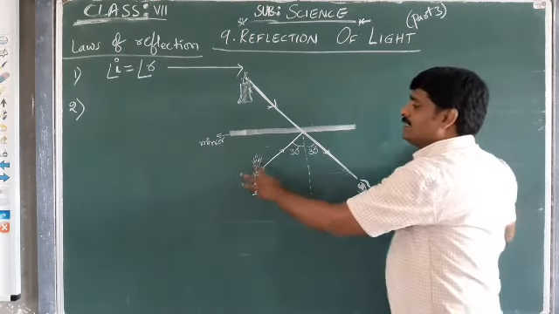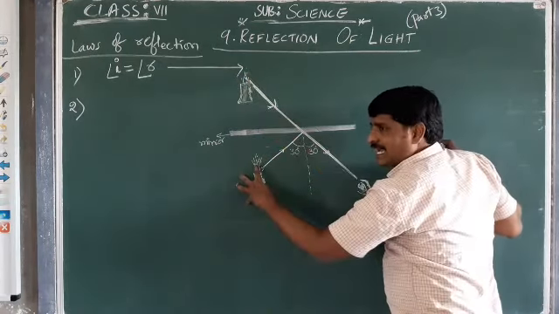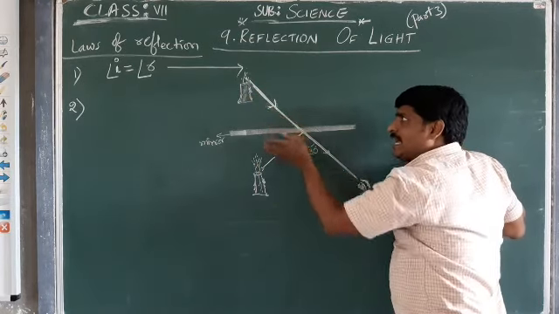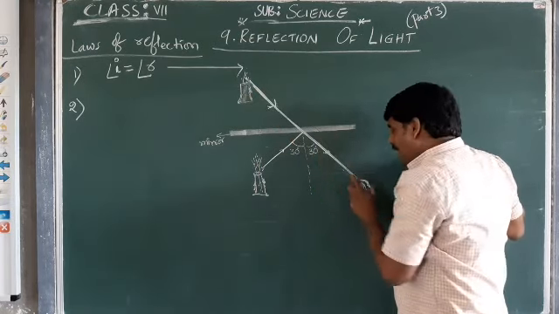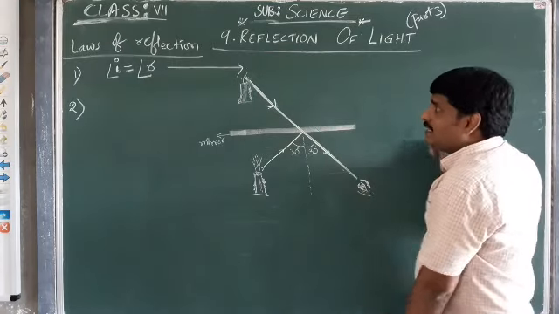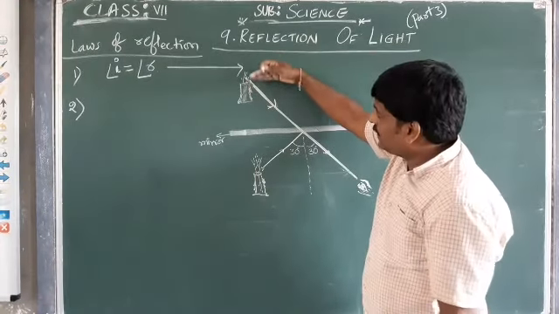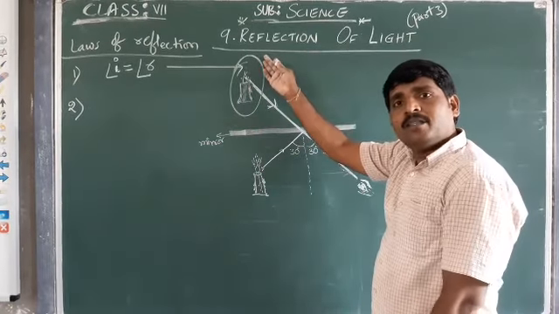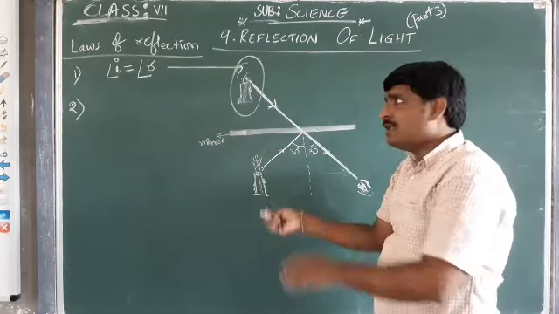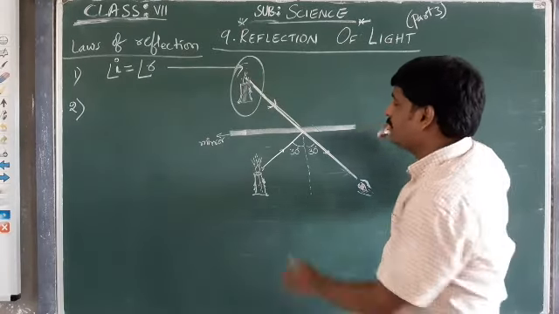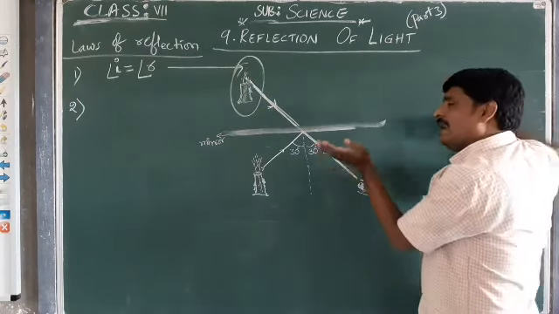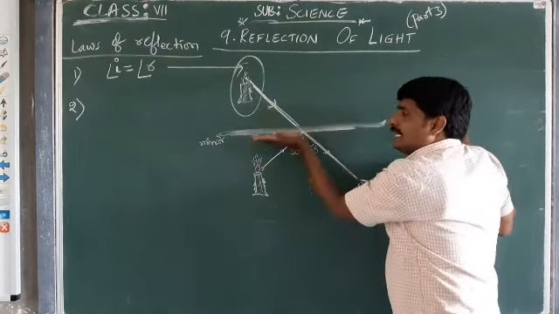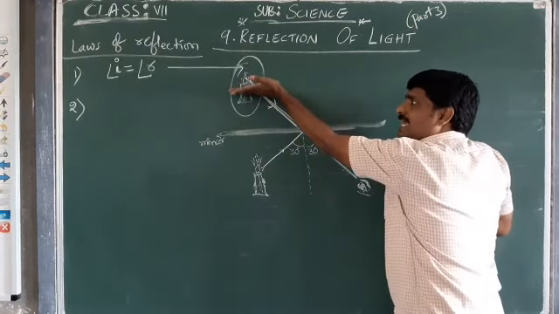Actually this is the image of the candle, but whenever we observe this candle in the mirror, our eye or our brain senses that some candle is placed beyond the mirror, on the other side of the mirror. The image of this candle is this.